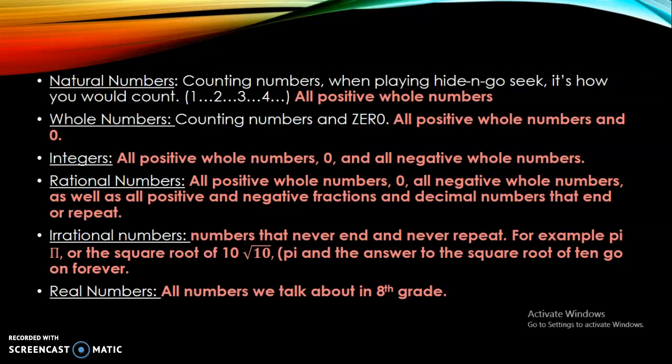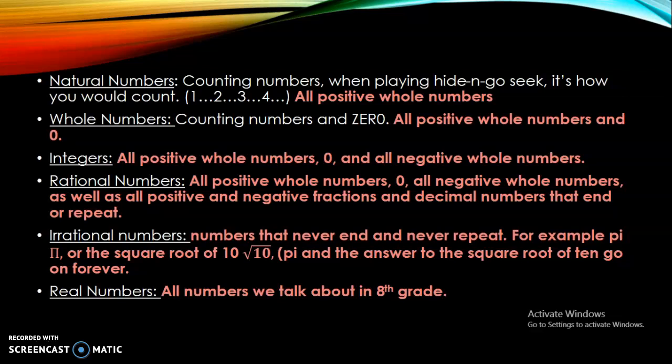And then that brings us to whole numbers. It's going to be all of the natural numbers and 0. So now we're going to include 0. It's all positive whole numbers and 0, because I guess technically you can have 0 wholes. And then that brings us down to integers. We've been talking a lot about those this year.